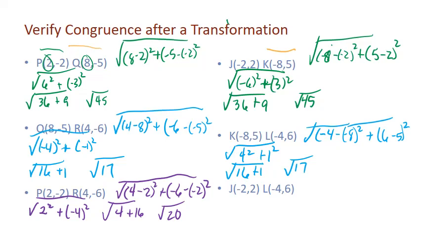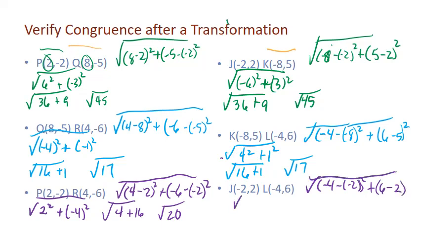All right, let's go JL. Hopefully we're going to get square root of 20, and we will have finished all this mess. So we got the square root of x2 is negative 4, minus x1, which is negative 2, that's all squared, plus, and I really should have a second parentheses right there, just being a little bit lazy. y2 is 6, minus y1 is 2.